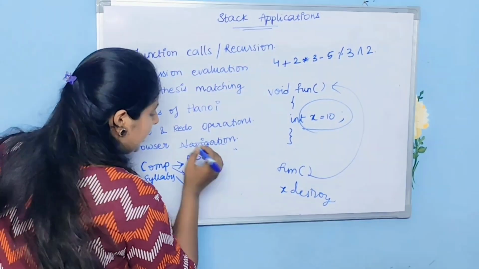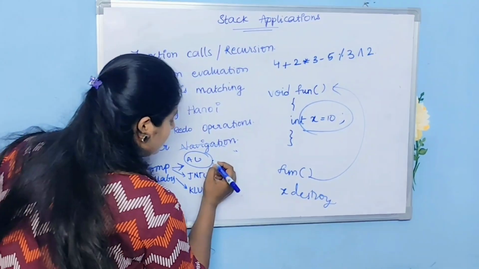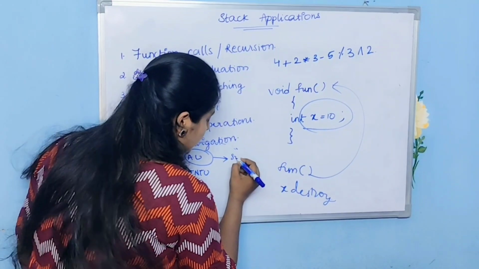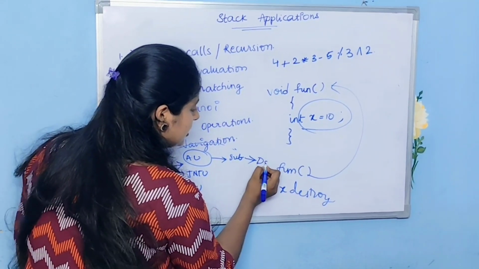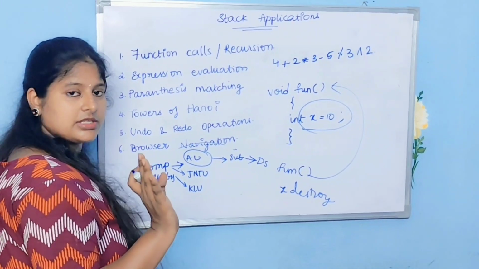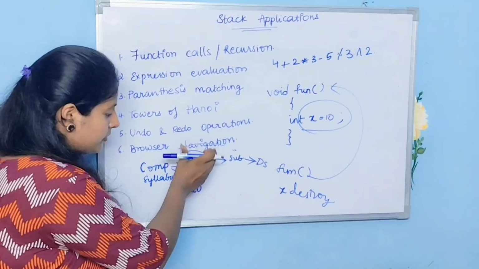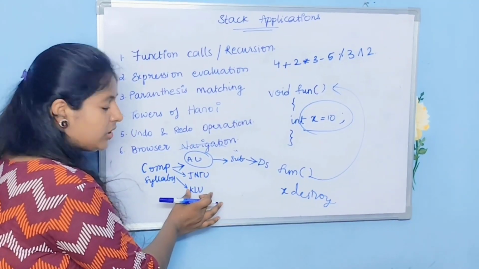I have opened any one of those websites. For example, I have used the AU website. Now I get one more page. So you have to select the subject, right? I've selected the subject as DS, right? Till now it is clear. First I have opened Google.